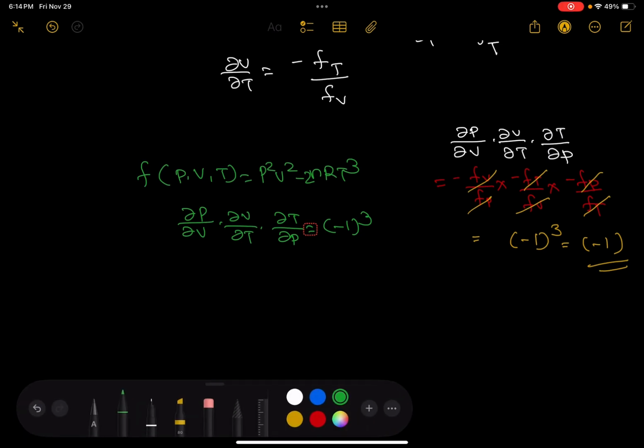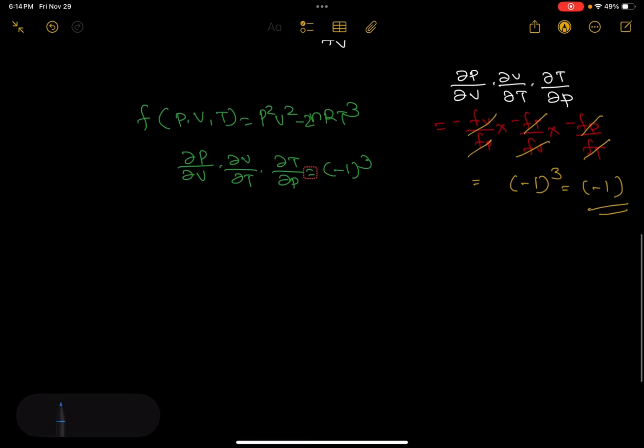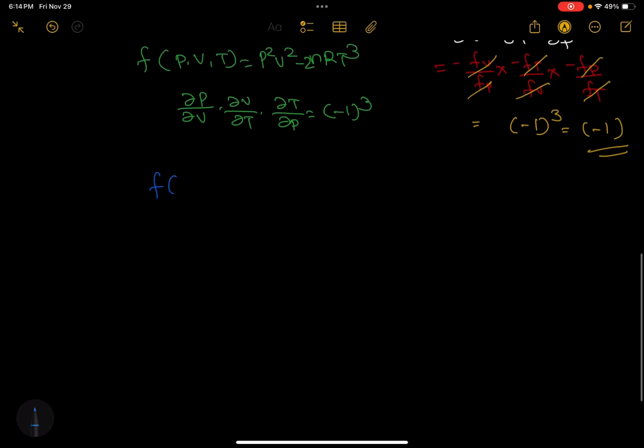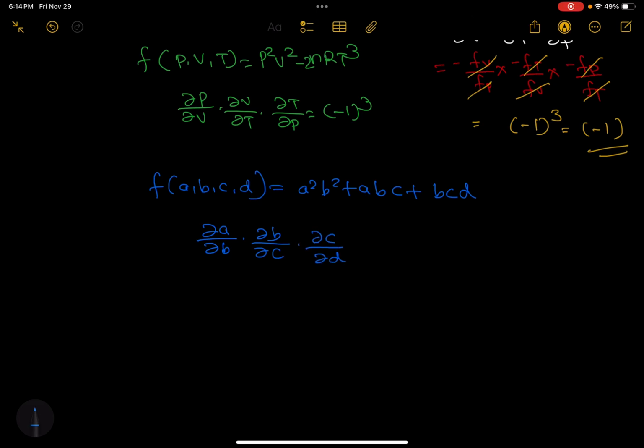Let's say I have some function of a, b, c, d as a squared b squared plus abc plus bcd, something like that. Again over here, partial a by partial b, partial b by partial c, partial c by partial d, partial d by partial a will also be negative 1 to the power 4, which is 1.